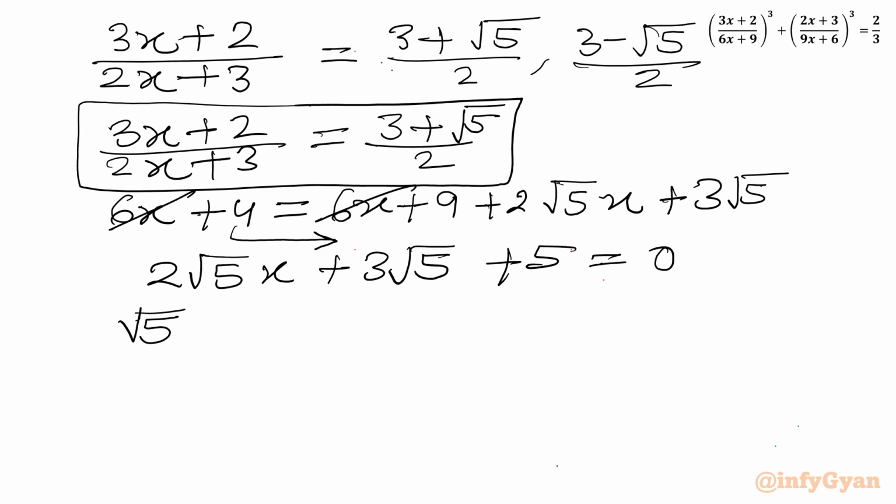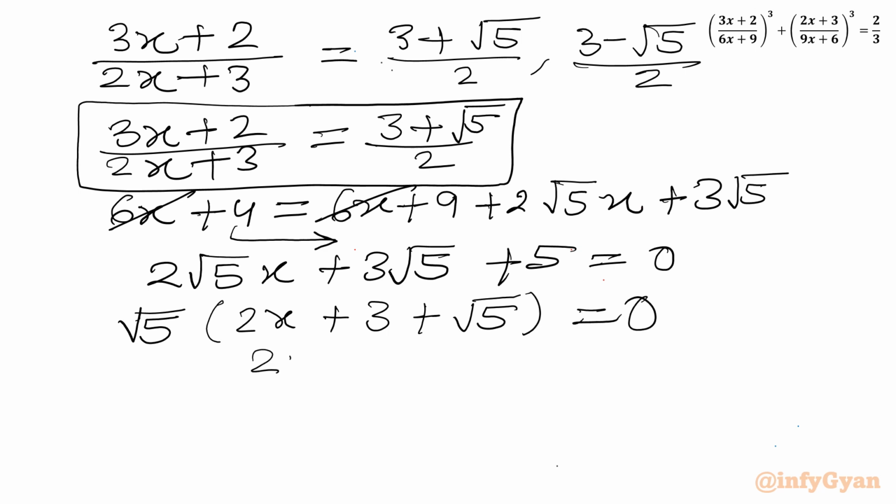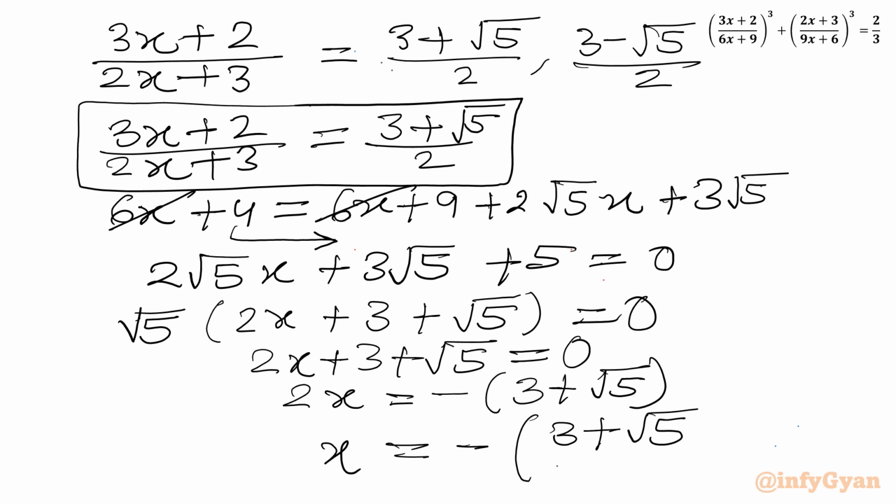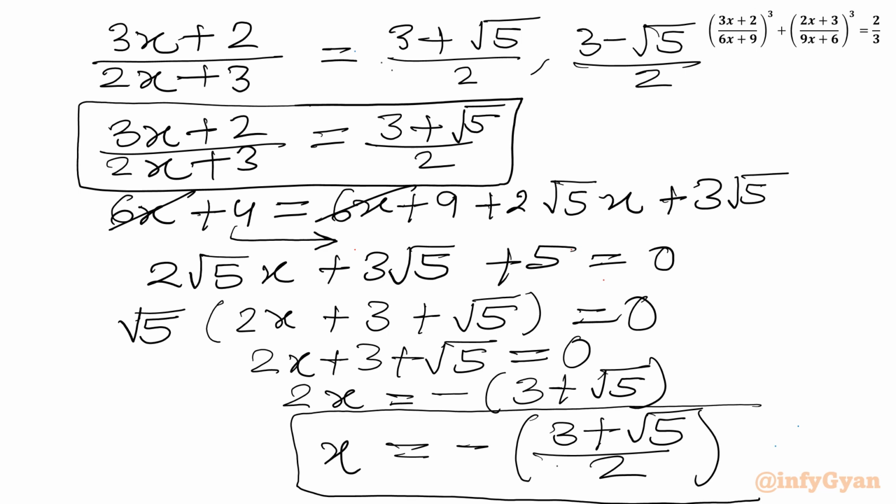So I can get root 5 times (2x plus 3 plus root 5) equal to 0. So from here I can write 2x plus 3 plus root 5 equal to 0, or 2x is equal to minus times 3 plus root 5. After dividing by 2 both sides, we will get x is equal to minus of 3 plus root 5 over 2. This is our first real solution.